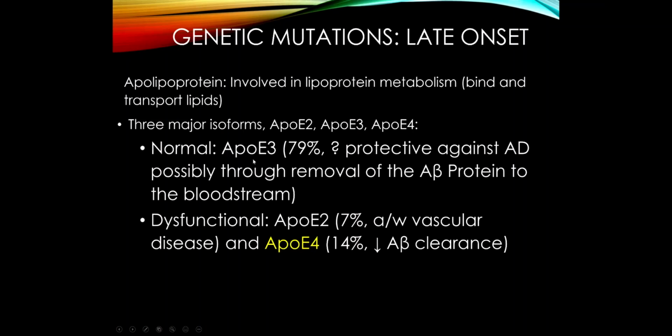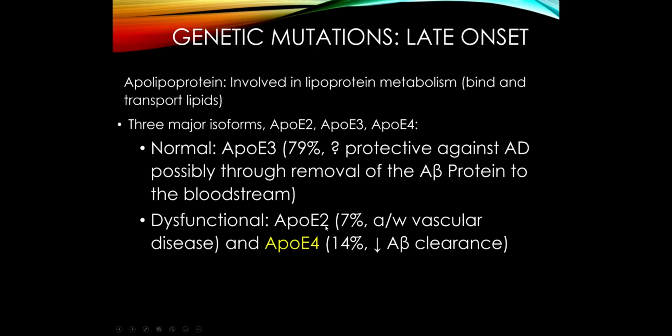Almost 80% of individuals have ApoE3. That's the good form. And it's actually protective against Alzheimer's dementia by facilitating removal of the amyloid beta protein into the bloodstream.